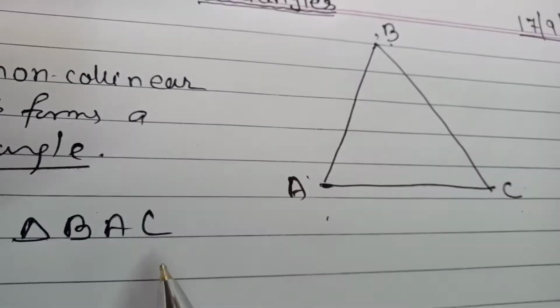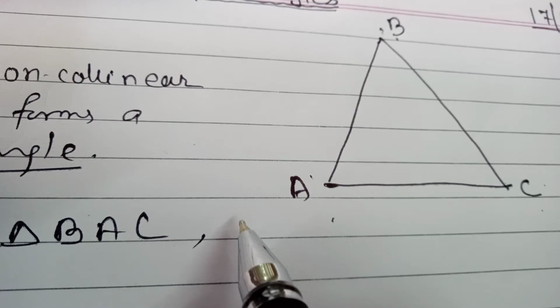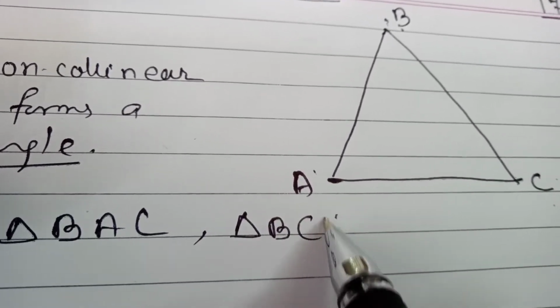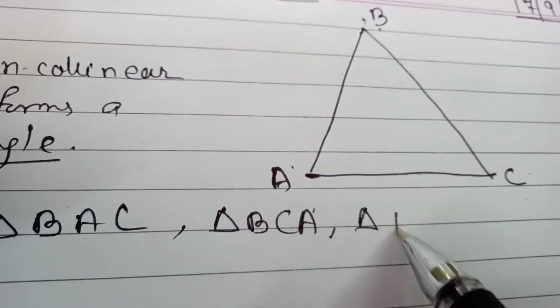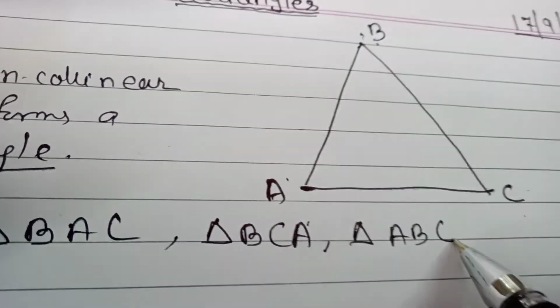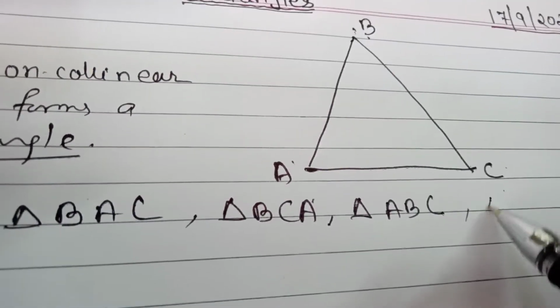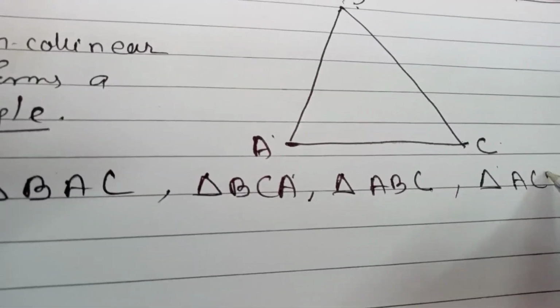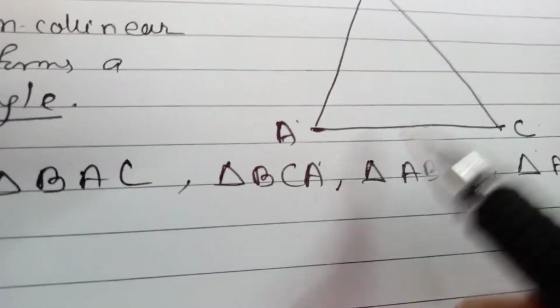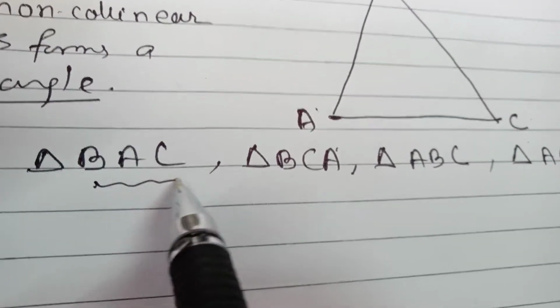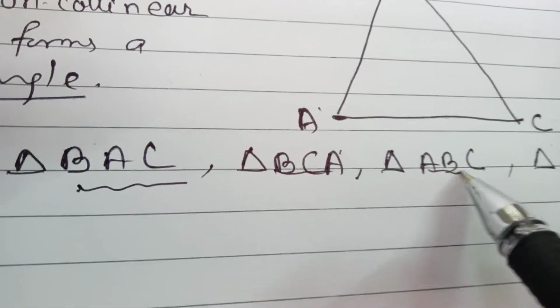I am writing BAC. I can also write triangle BCA, triangle ABC, or triangle ACB. So this is the sequence of writing the triangle with 3 letters. Any way you can prefer.